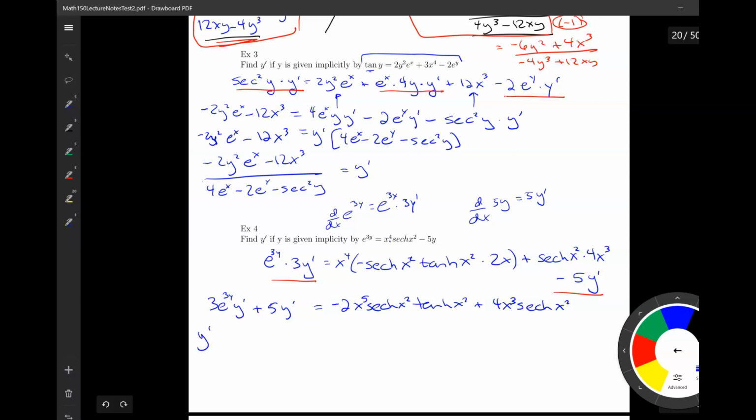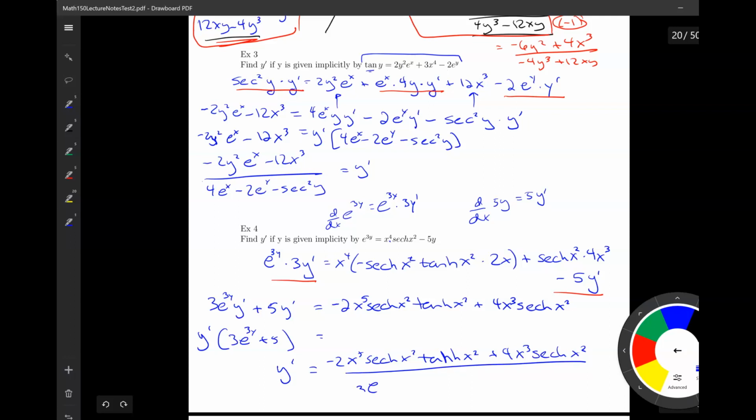Okay, so same drill, factor out the y prime and then divide through. Lots of writing. Hyperbolic tangent of x squared plus 4x cubed all over 3e to the 3y plus 5.